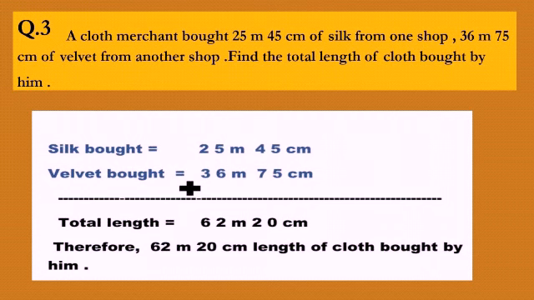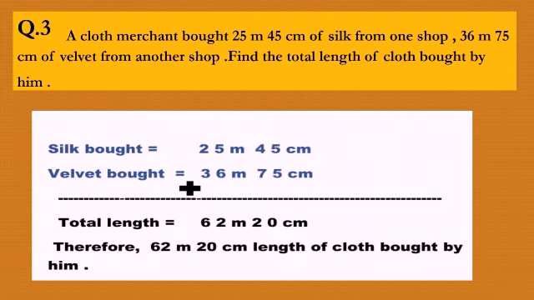So silk cloth bought is equal to 25 meter 45 centimeter, and velvet bought 36 meter 75 centimeter.